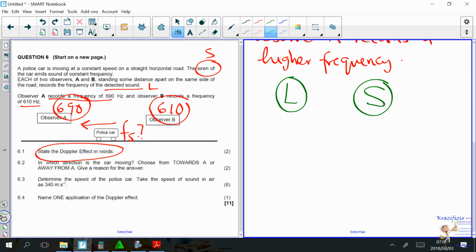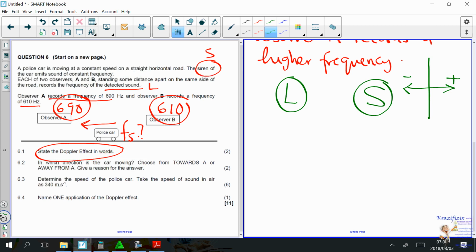On your Cartesian plane, this is your positive x-axis and this is your negative. Because we get confused when I say towards is positive, it's confusing. But if you work it out this way, it becomes easy. Listener and the source. Always the listener first, and the source becomes the second one.